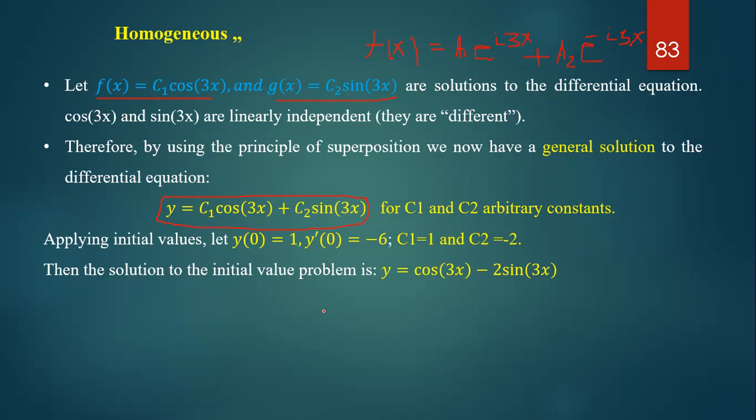That means y of 0 is equal to 1. y of 0 equals 1 implies c1 cos 0 plus c2 sin 0.